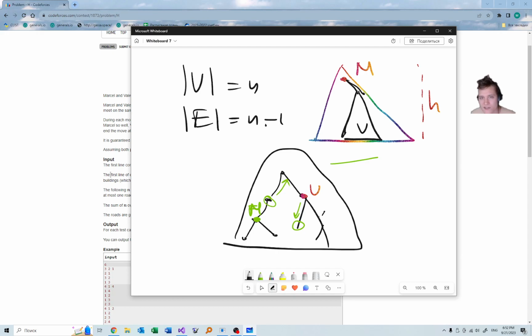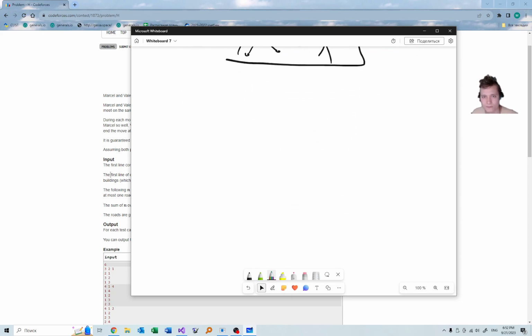Now he can eliminate all the rest of the tree because Valery couldn't escape there. So now he is a root of a tree of height h minus 1. If he continues to do it, eventually he becomes the root of a tree of height 0, and this means that he caught Valery. So for trees, the answer is always no.